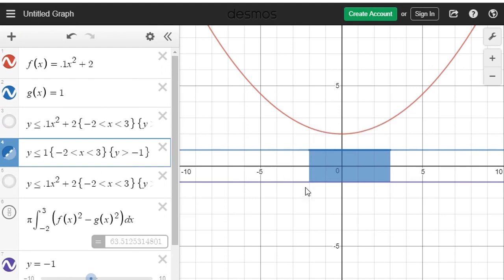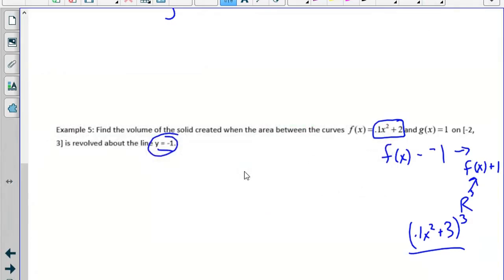The radius associated with g is now 2, because it's going all the way down to -1. So if I'm looking at the g of x radius, or little r, little r squared will now be 2 squared.